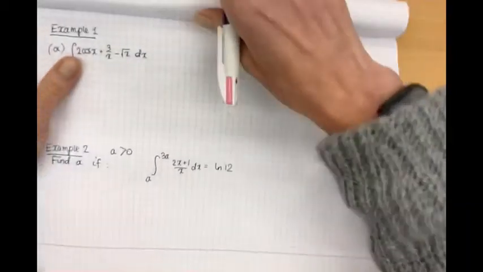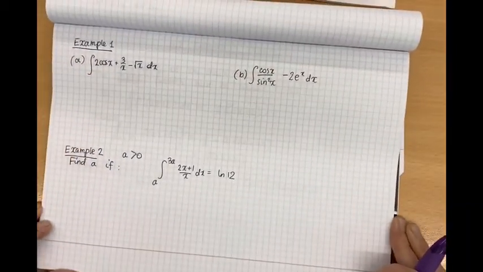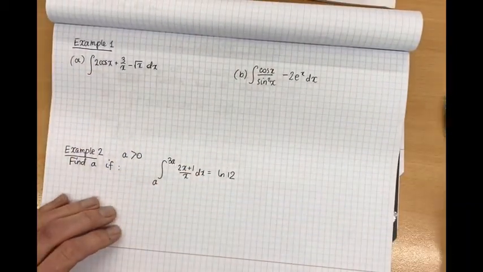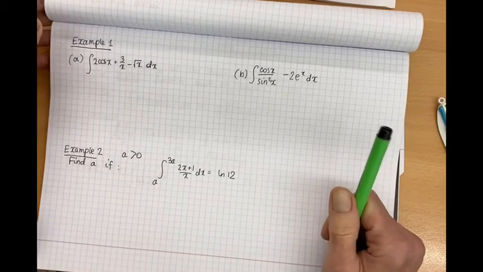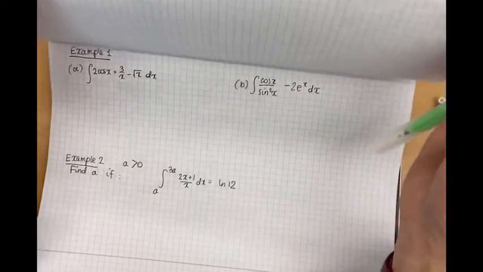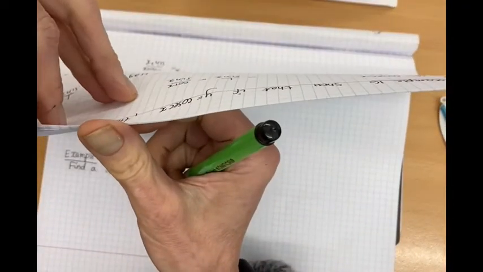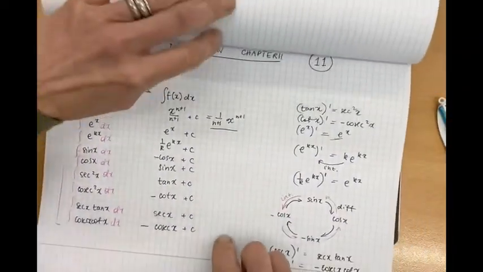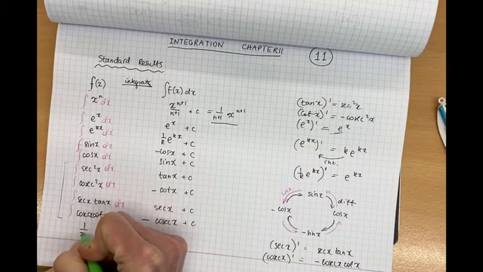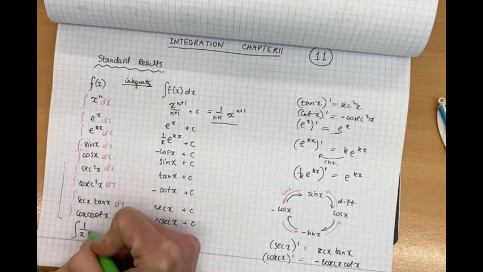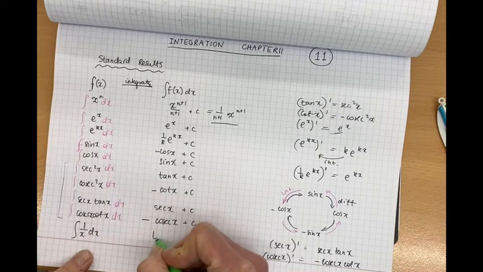You've got to find the integral of 2 cos x plus x. Oh, right, I've just realized I've missed one out that we need to list for sure. Okay, so there's one more to be added. This is 1 over x. The integral of 1 over x is ln x.